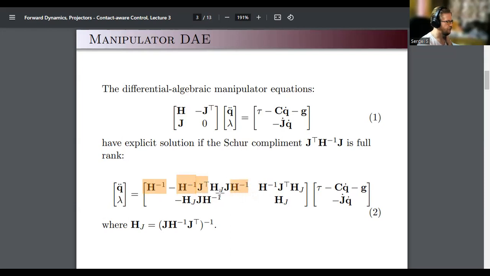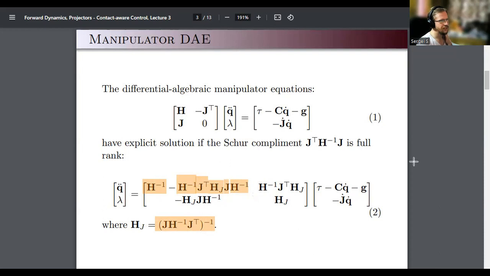Here you have J transpose J, so this is like a conjugation, you can see. And here you have H_G, which is the inverse of the Schur complement. So H sub G is the inverse of the Schur complement. That's my notation.